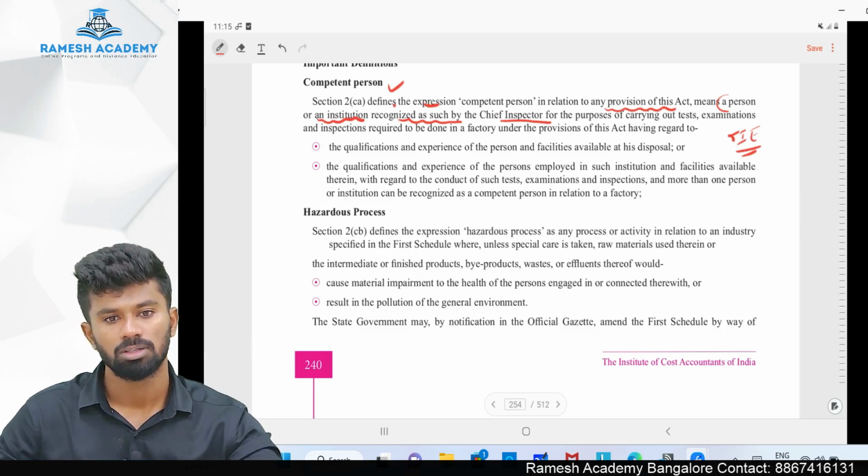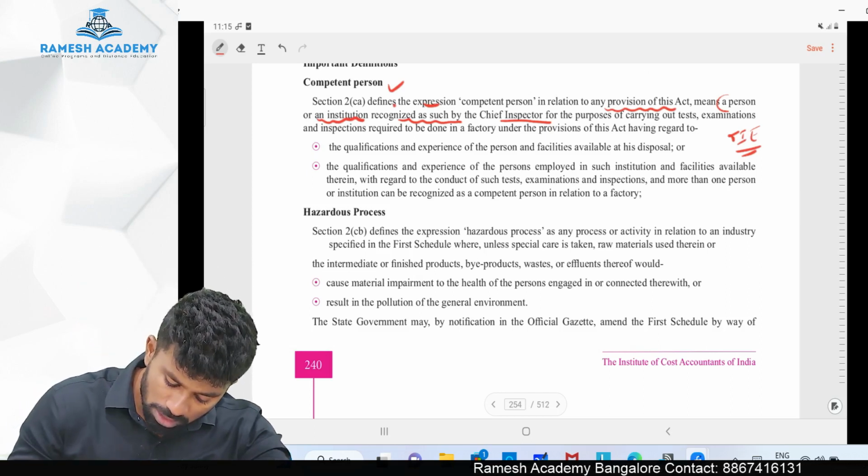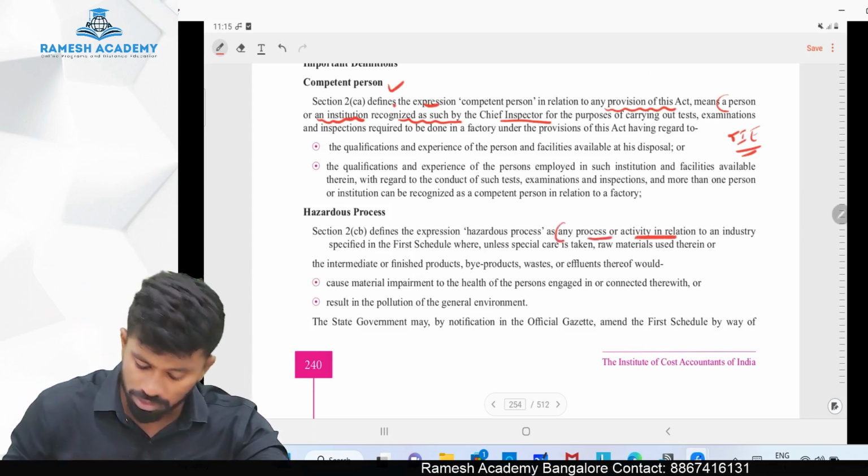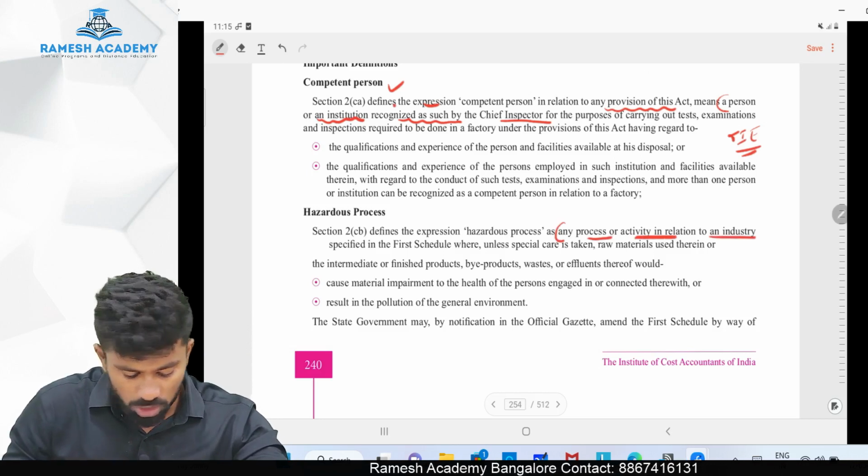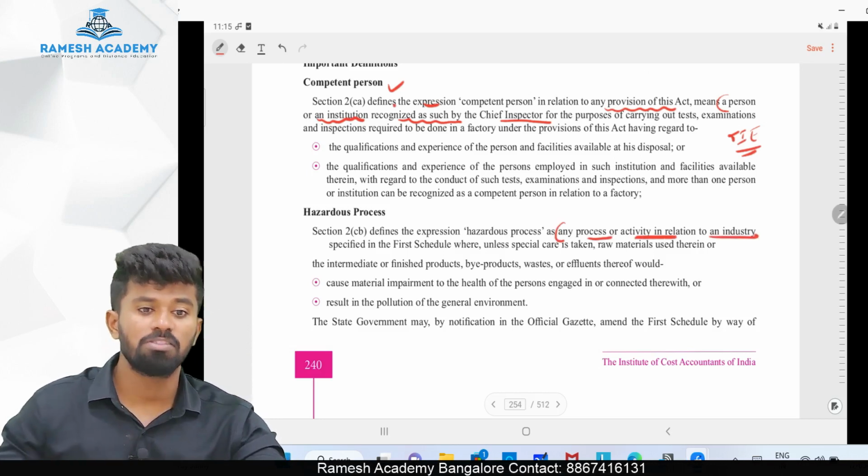First of all, hazardous process means any process or activity with respect to an industry specified in the First Schedule.